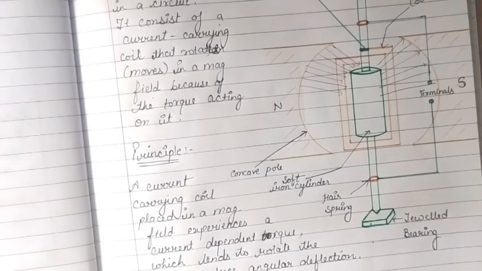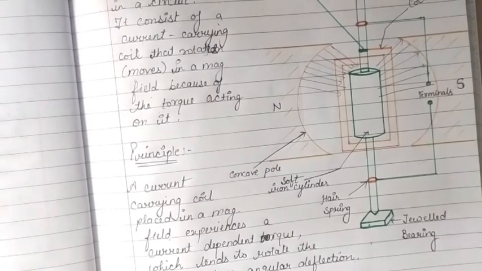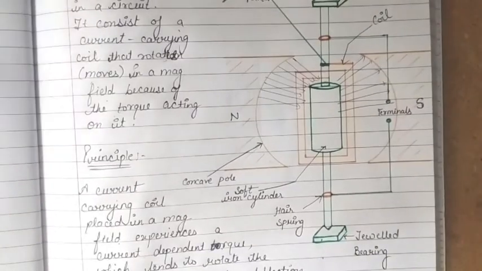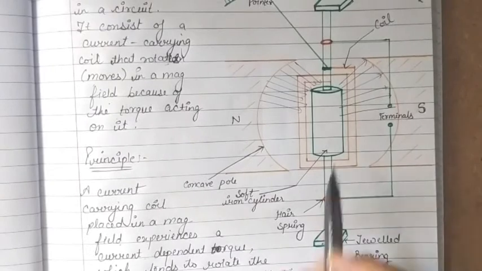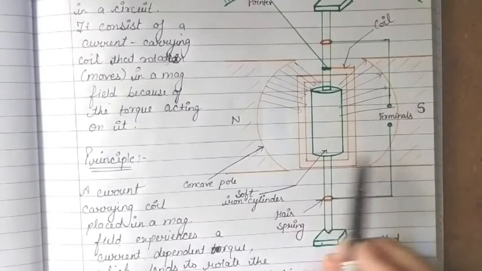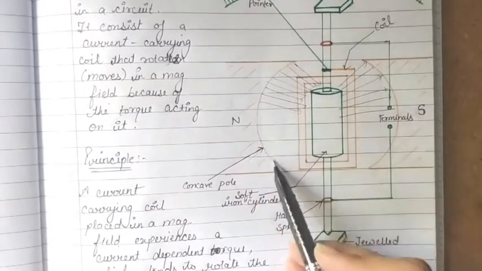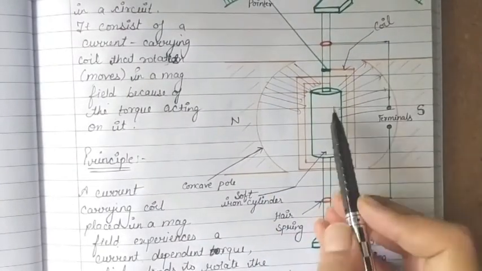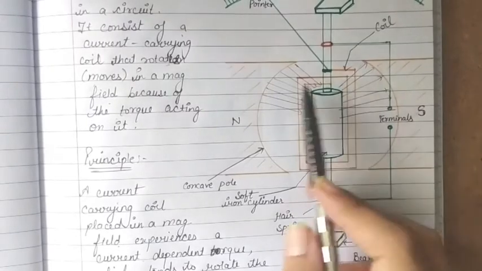Okay, so let's conclude all the points that we have in the construction. What do we have? We have a coil placed symmetrically between the permanent magnet poles, north and south. These poles are concave in nature. We use soft iron core to get the radial field.